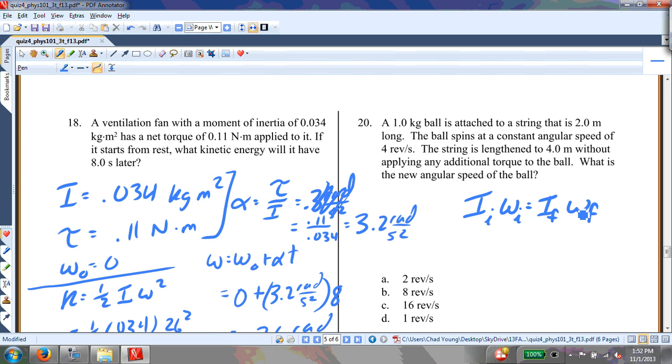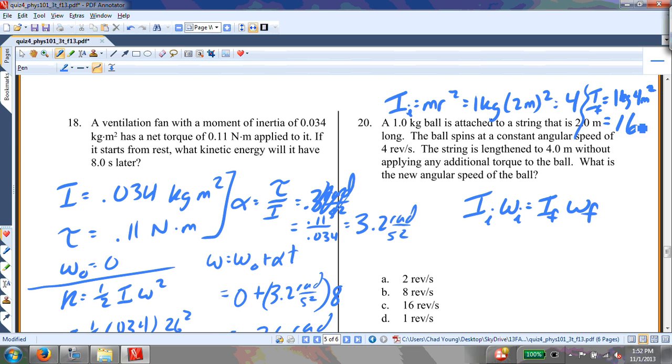I initial is just going to be mr squared. That's going to be 1 kilogram times 2 meters squared, which is equal to 4. And then I final is going to equal 1 kilogram times 4 meters squared, which is going to be 16.